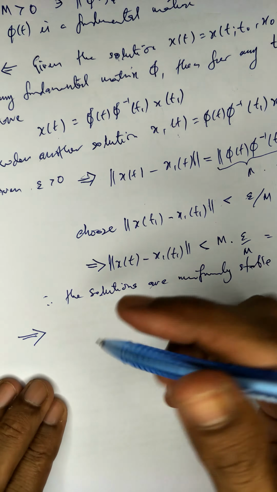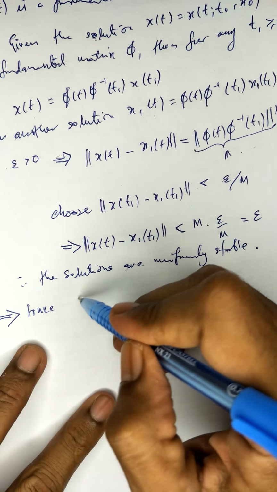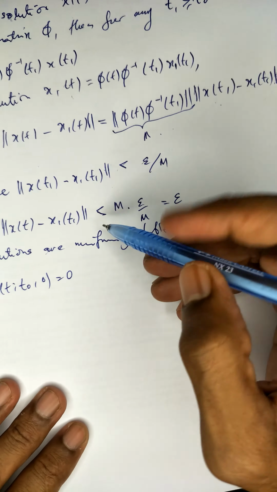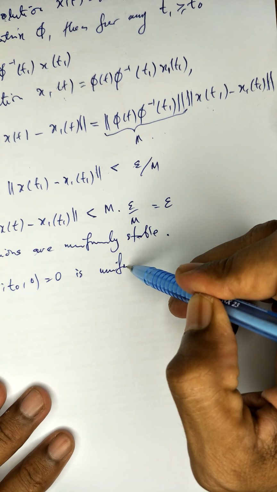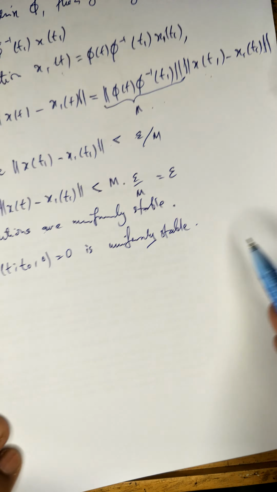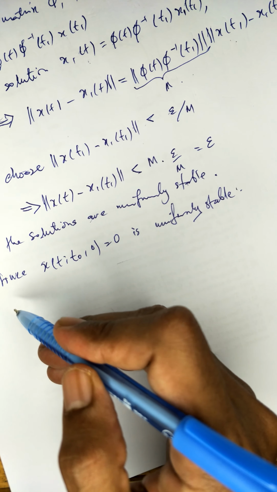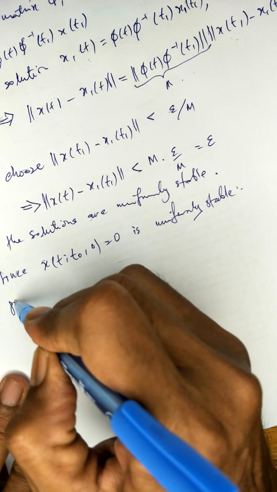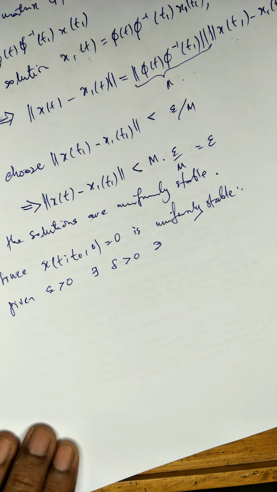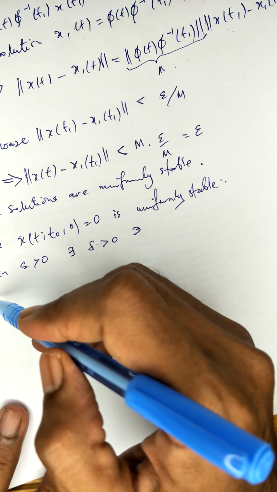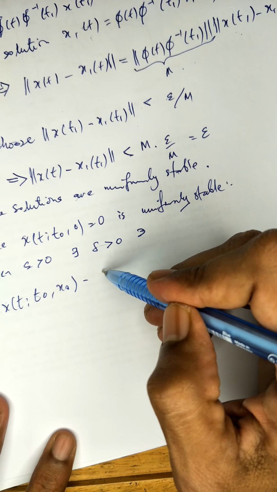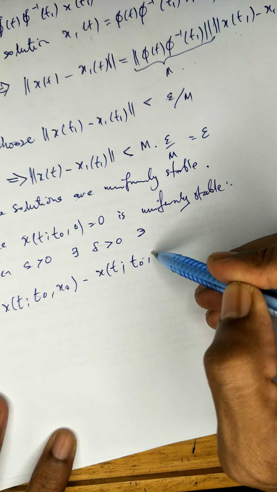Okay, so since the solution x(t, t naught, x naught) is uniformly stable, that means given any epsilon positive, we can find delta positive such that we have x(t naught, x naught) minus x(t naught, x1).